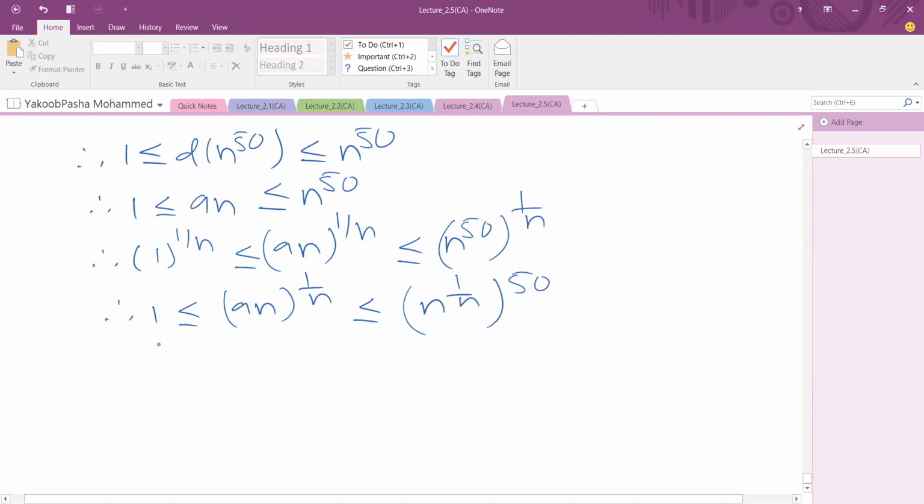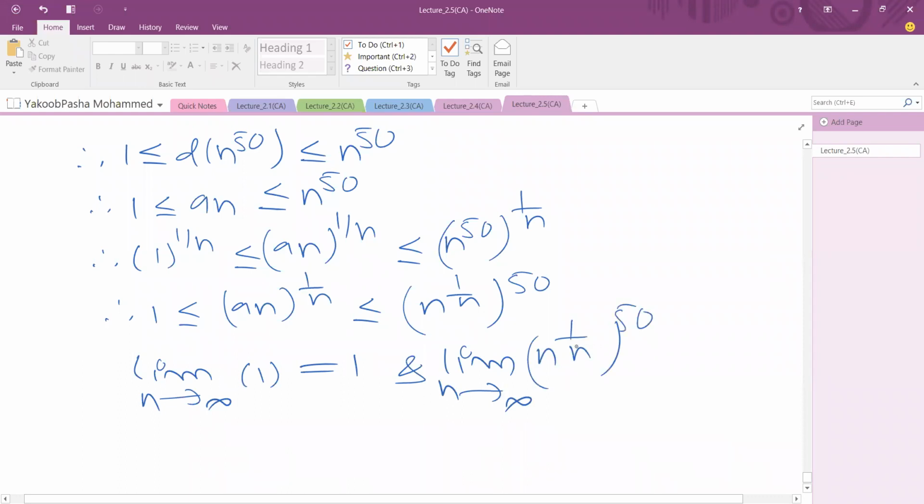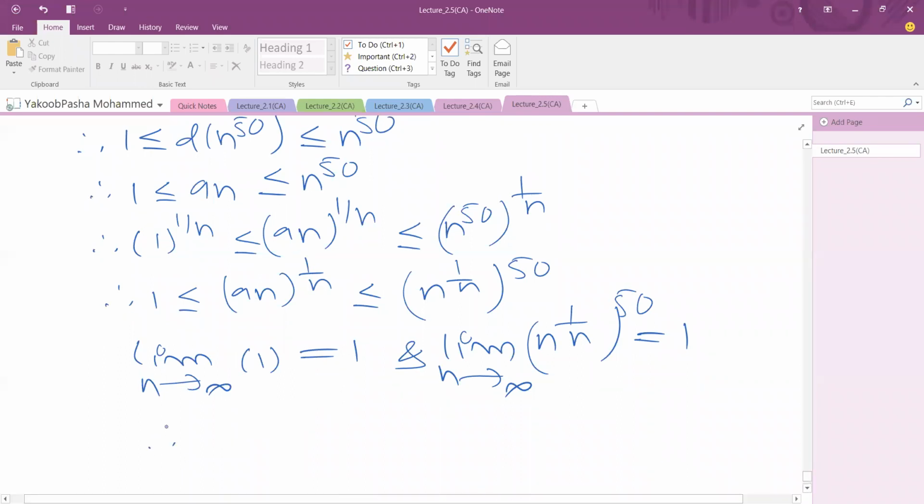As n tends to infinity, the left side limit will be 1, and the right hand side (n^(1/n))^50: we know that n^(1/n) tends to 1, and 1^50 is 1. The left hand side limit is 1 and the right hand side limit is 1, so we can use the squeeze theorem.